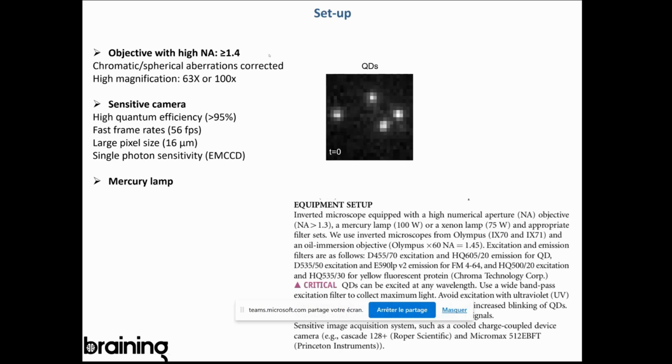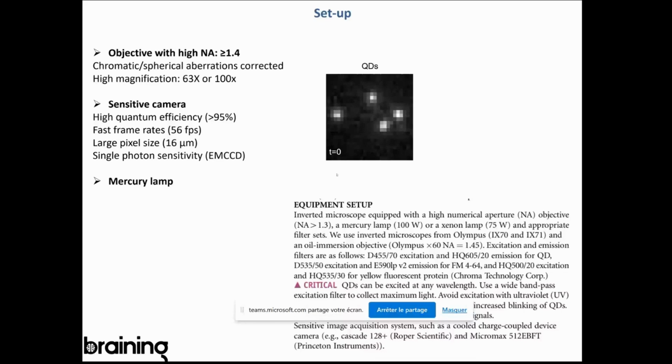Here you can see 4 quantum dots on this image, and without such equipment you couldn't see them. Also, for quantum dot single particle tracking, you need a sensitive camera, and we are using an electron multiplying cooled CCD camera. It's a camera that can sense a single photon and that is cooled down, so it limits the noise on your sample, and you can have a good signal to noise ratio.